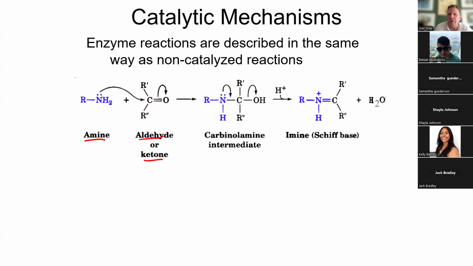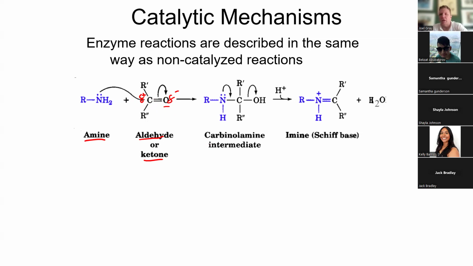This carbonyl carbon has a formal charge of 0, but there's a partial charge because the oxygen has a partial negative charge, which means the carbon has a partial positive charge. That's going to lead to the formation of a carbinolamine intermediate, which leads to an imine or a Schiff base.